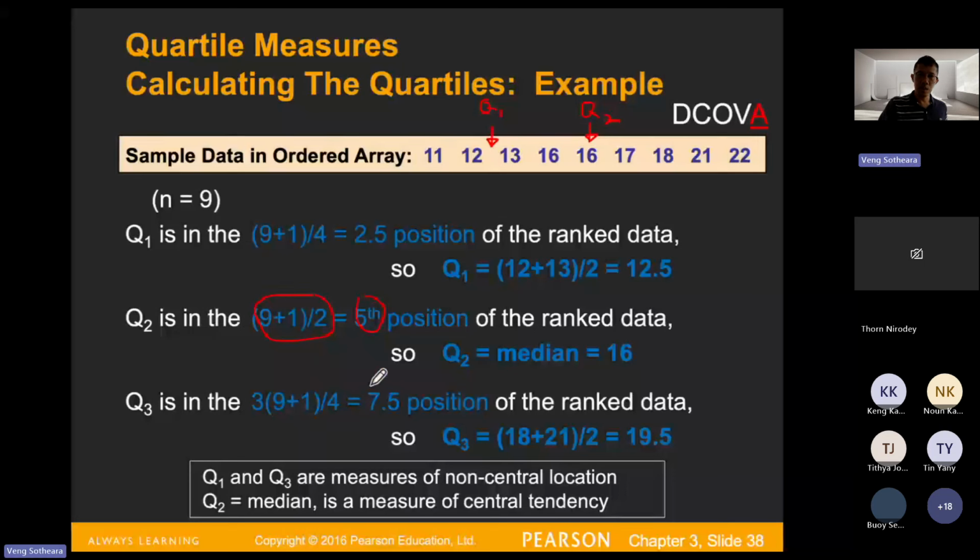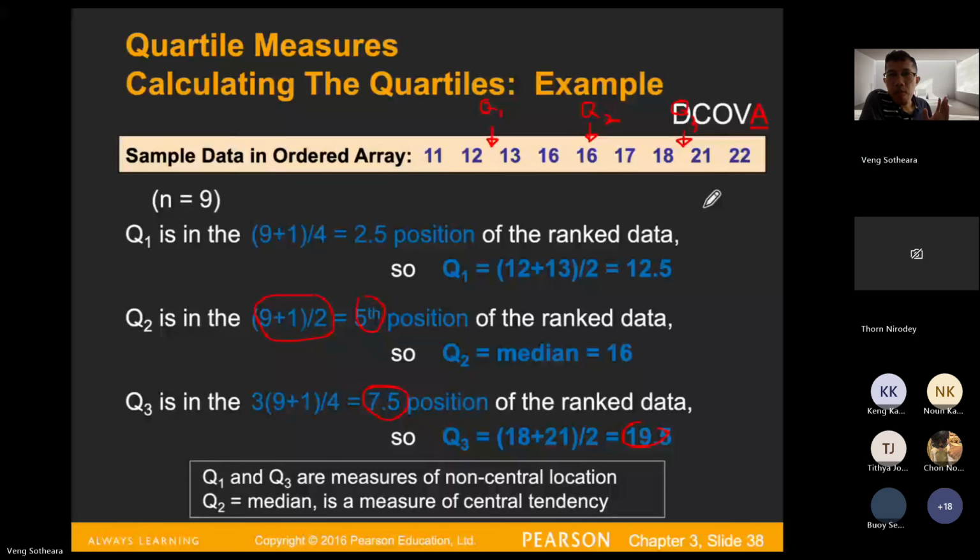The Q3 position, according to the formula, is 7.5. 7.5 again is between the 7th and 8th position, so you take the average of these two. 18 plus 21 divided by 2 gives 19.5. So this is Q3.